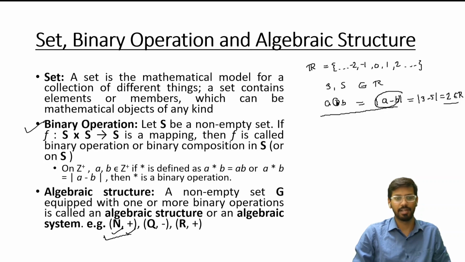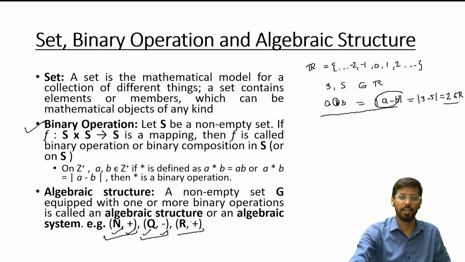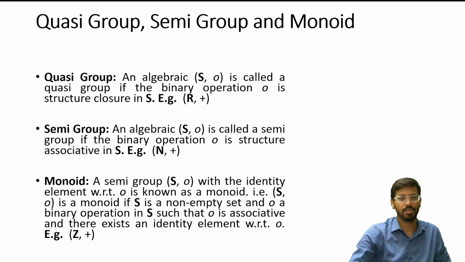Similarly, we can take the set of rational numbers with binary operation subtraction. So this is a whole algebraic structure. Similarly, a set of real numbers with binary operation addition.